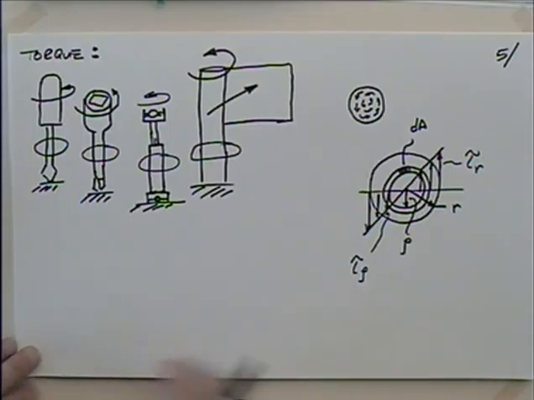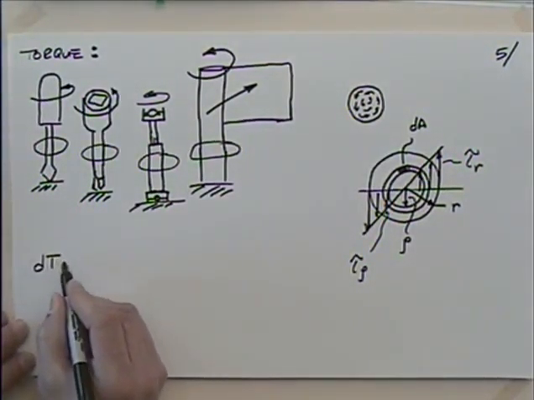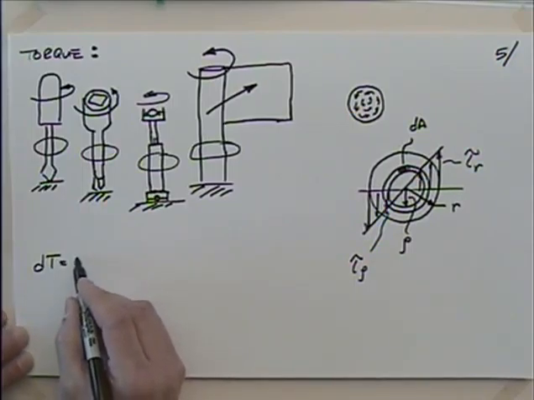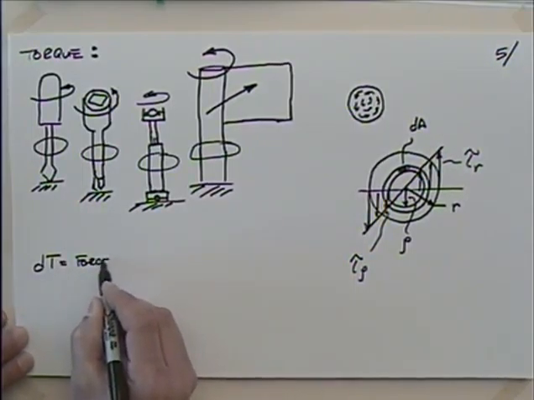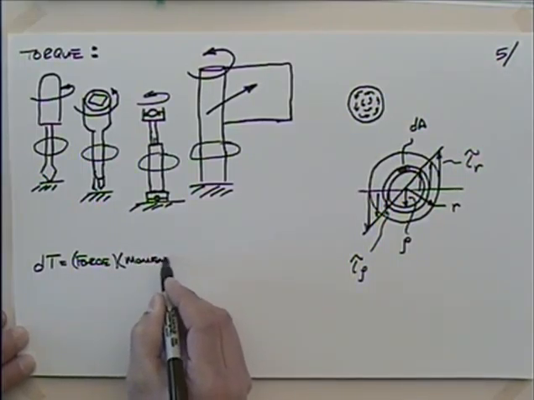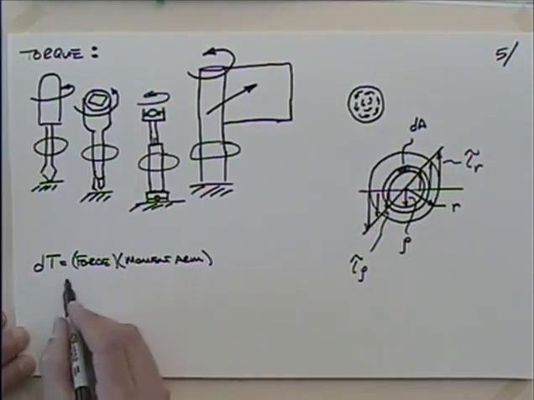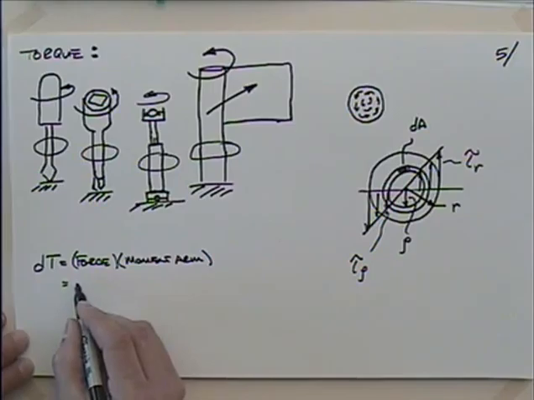And if I talk about the differential torque, so let's say dT, that's just really going to be a force times the lever arm or the moment arm, right? Really force times distance. So we could say that this thing is, let's see, force.